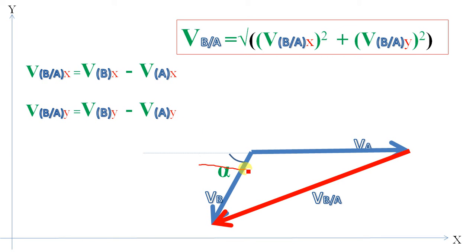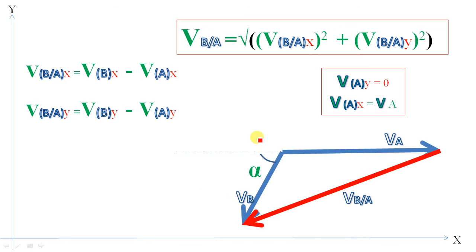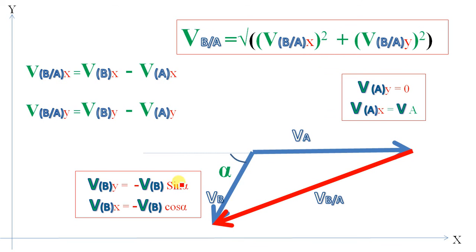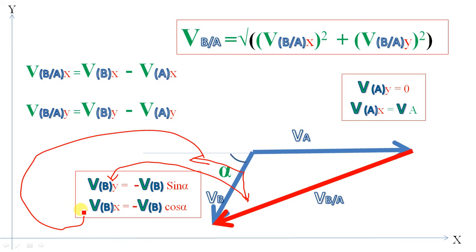Now here Vay is equal to 0 because it is truly horizontal, and Vax is nothing but Va. Now Vby is minus Vb sine of alpha, and Vbx is minus Vb cos of alpha.